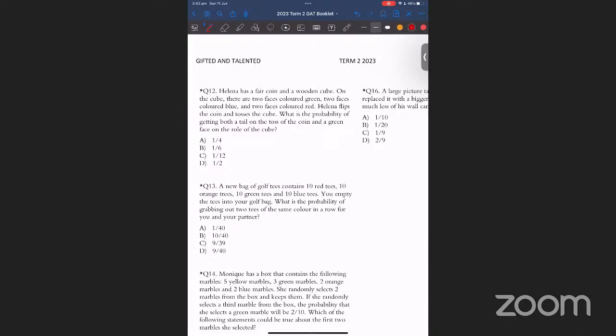Helena flips the coin and rolls the cube. What is the probability of getting both a tail on the toss of the coin and a green face? Now, here's the thing. Remember what I taught you guys earlier? So what do we do in this question? We have to multiply. So what's the probability of getting a tail?